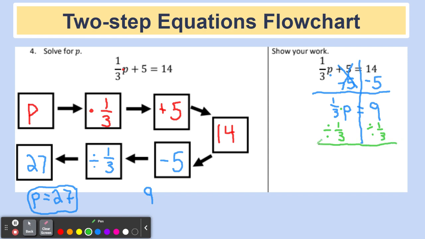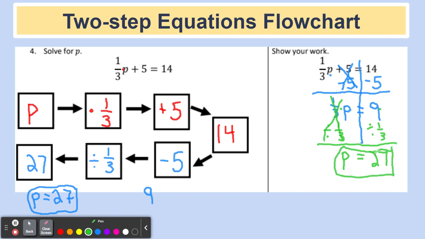And when I do that, that's going to cancel out this coefficient in the front because any number divided by itself just equals 1. So we are left with 1p, and that is going to be equal to whatever 9 divided by 1/3 is. And I again know that 9 divided by 1/3 equals 27. But if I wasn't sure, I would just type that in my calculator.